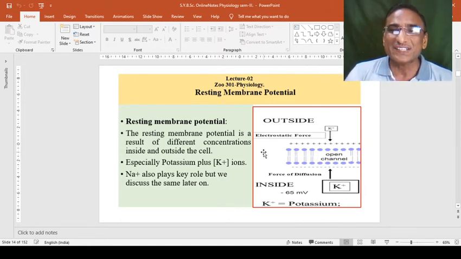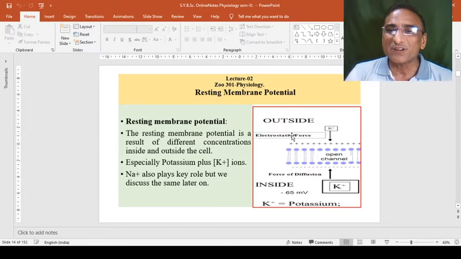So in a resting membrane potential, whenever the cells or tissues are at rest, the natural activity is that the potassium ions move continuously inside and outside as per the requirement of equilibrium or balancing of the biochemical elements.